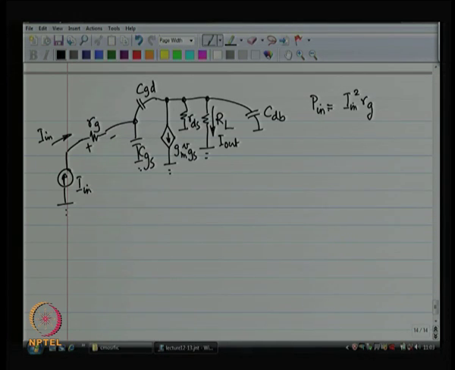Okay. Now, what do you think is going to be I out? How do you find out I out? Is there a short procedure?